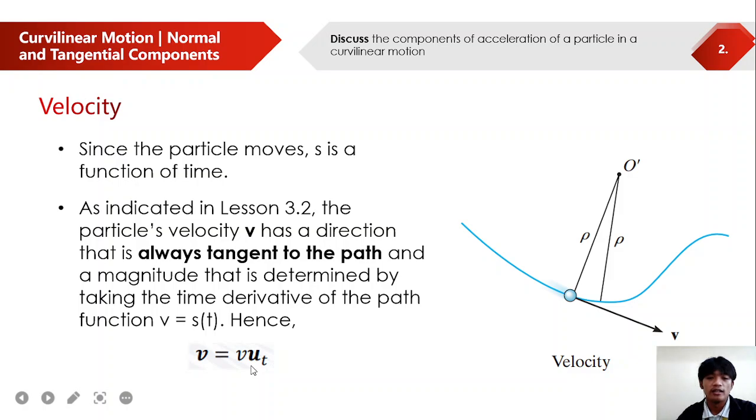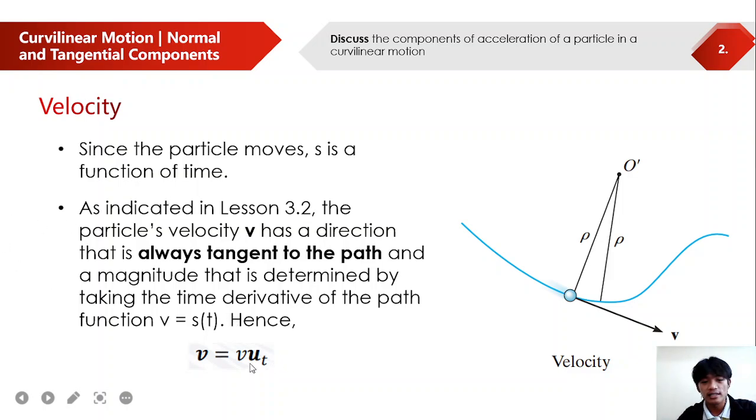Again, bakit ganito? Kung ginamit pa natin yung rectangular component, nandito is v sub x times i, di ba? So, in terms naman sa normal axis, dalawa lang yung component niya, which is the normal and tangential.